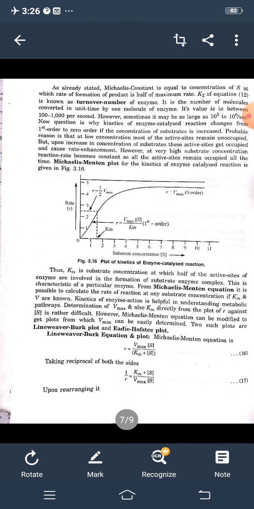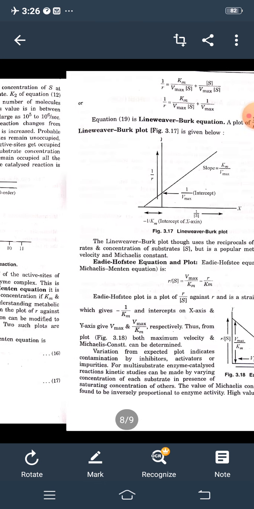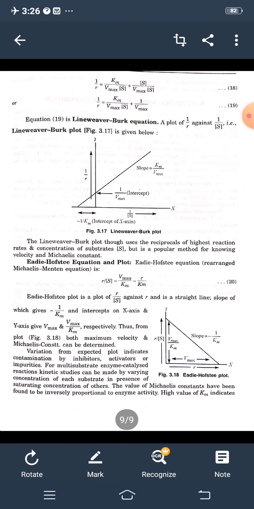This is equation 16. Taking the reciprocal of both sides and rearranging, we get 1/R = Km/(Vmax[S]) + 1/Vmax. So in the Lineweaver-Burk equation, a plot of 1/R against 1/S is given in figure 3.17.